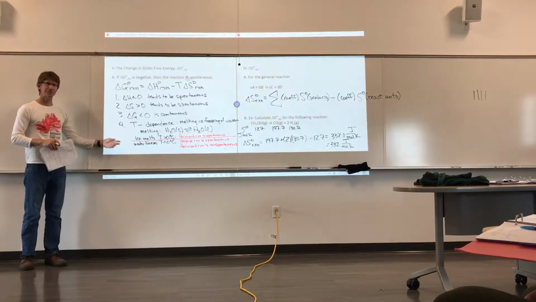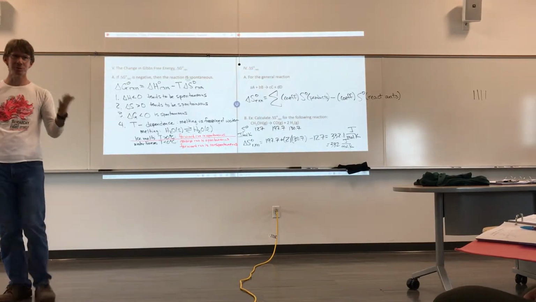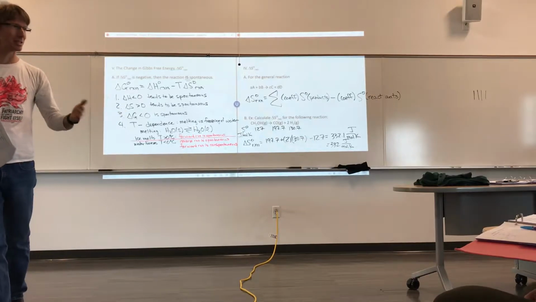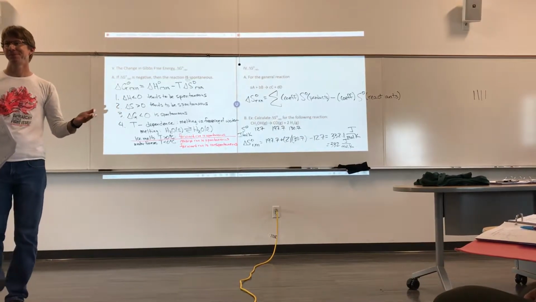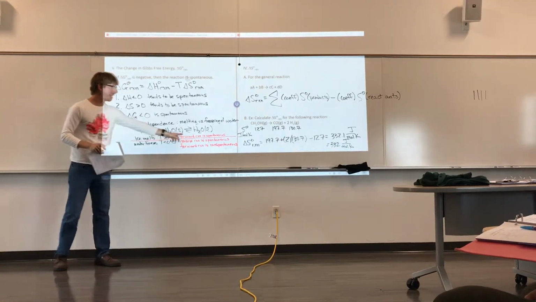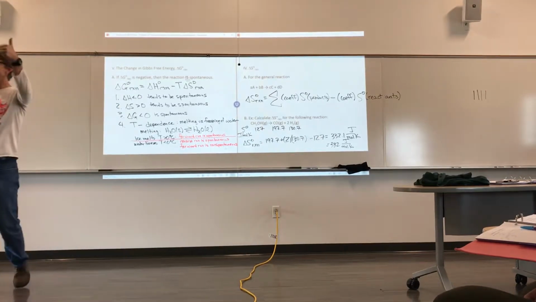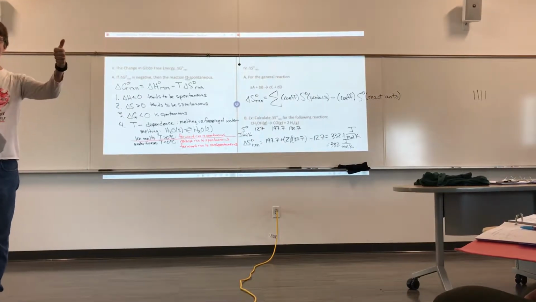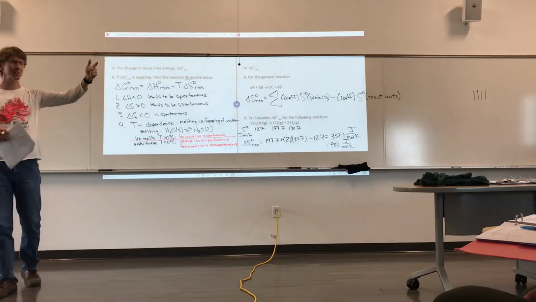Any questions? There's actually one temperature we've omitted, because we've got greater than 0, we've got less than 0. What about 0? Well, do we know anything about 0 for this reaction between solid and liquid? Can we have solid at 0 degrees Celsius? Yes, we can. Can we have liquid at 0 degrees Celsius? Yes, we can.